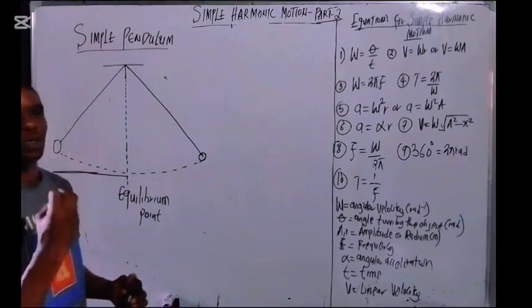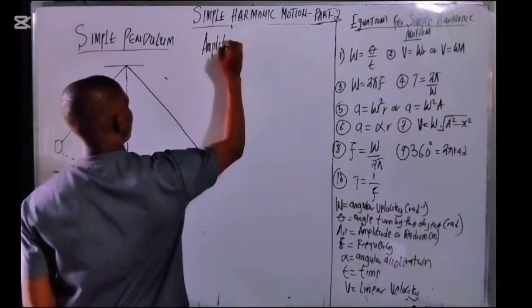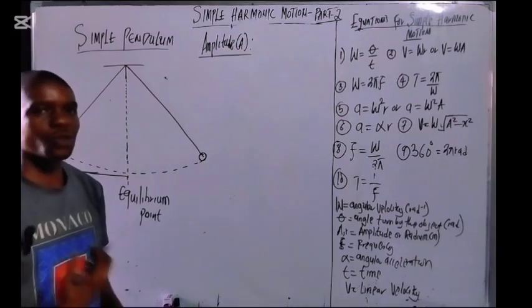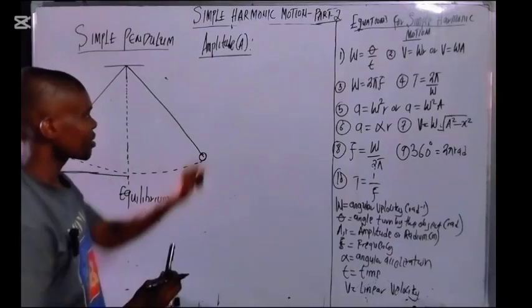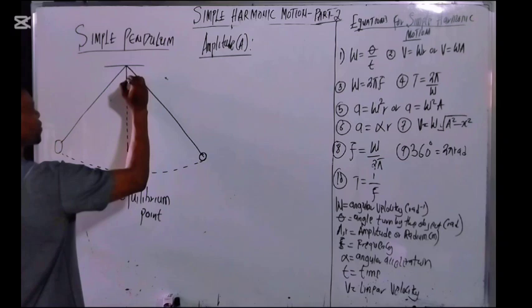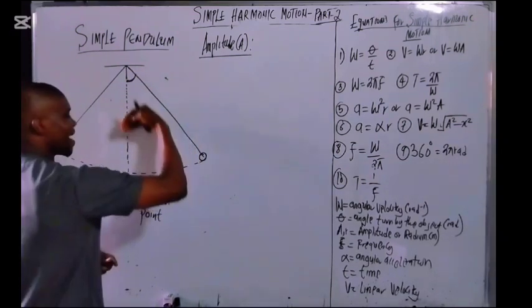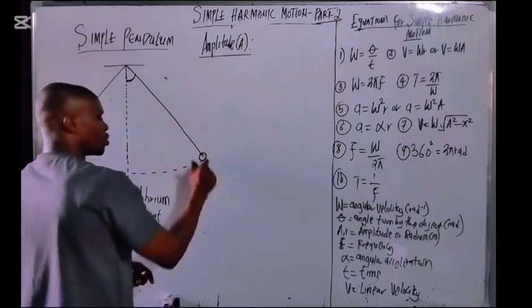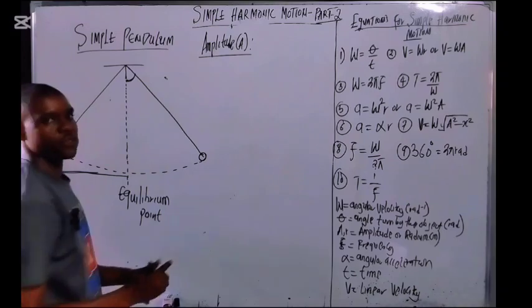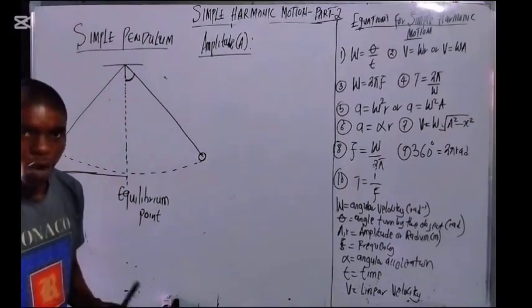The first thing to understand is the amplitude, A. Amplitude is the maximum displacement of the object from its equilibrium point.